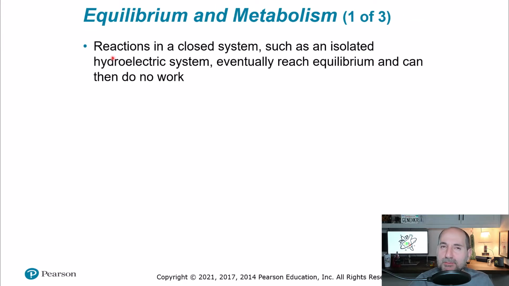Now remember what I mentioned equilibrium means? In thermodynamics, equilibrium is when delta G equals 0. No work is being done. Reactions in a closed system, such as an isolated hydroelectric system, eventually reach equilibrium and can do no work.